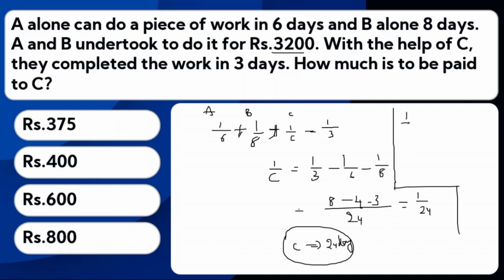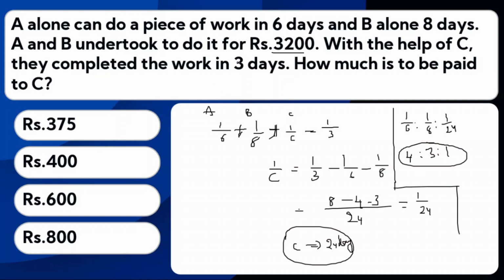So the money distribution ratio will be 1 by 6 is to 1 by 8 is to 1 by 24. If you convert this into a normal ratio by multiplying with 24, you will get 4 is to 3 is to 1. So this is the ratio in which the money has to be distributed.